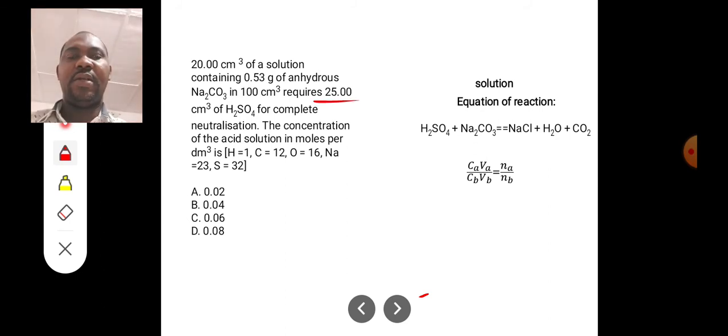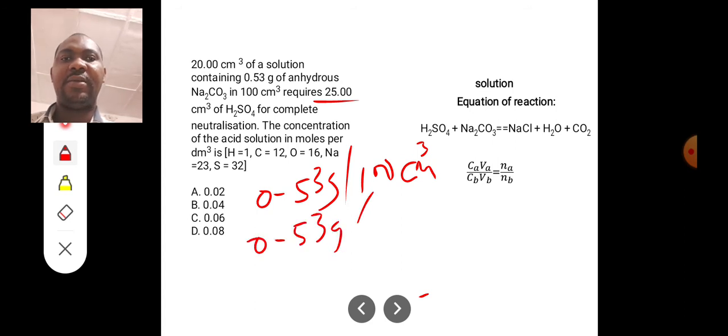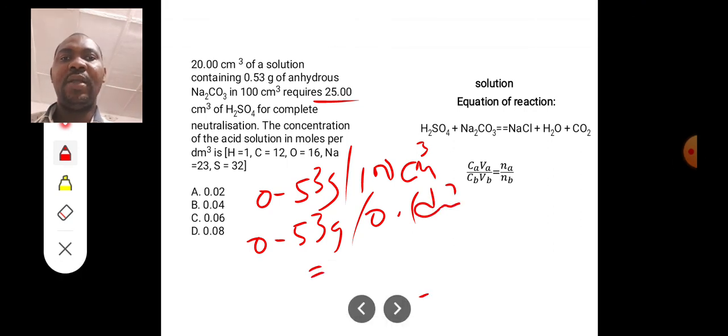Now the concentration of base was not given directly, but we can find it. What we are given about the base is that 0.53 grams was dissolved in 100 cm cube of water. So that is already a mass concentration. I can simply say 0.53 grams in 0.1 dm cube if we are to convert, and that will give us 5.3 grams per dm cube.